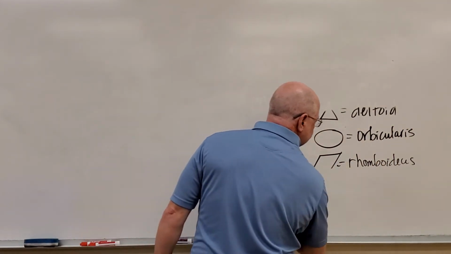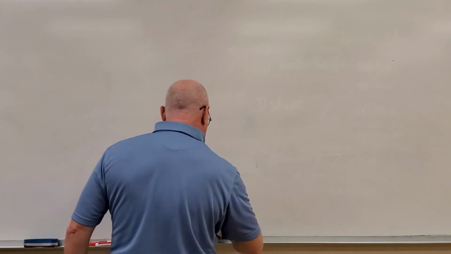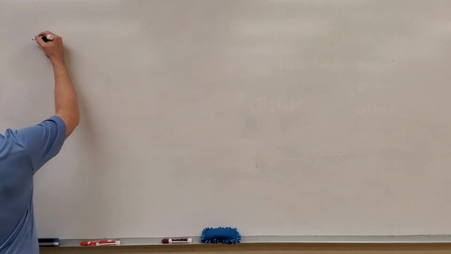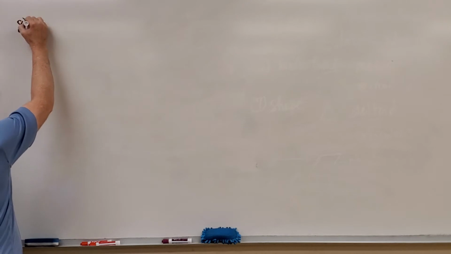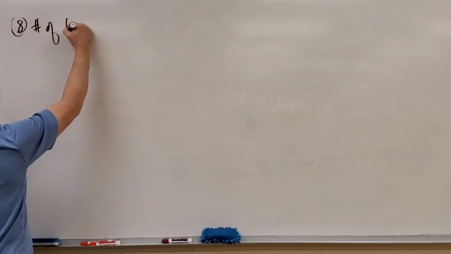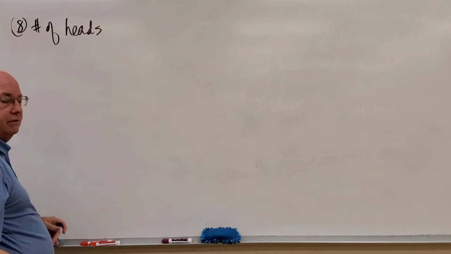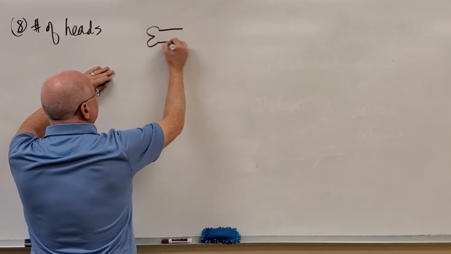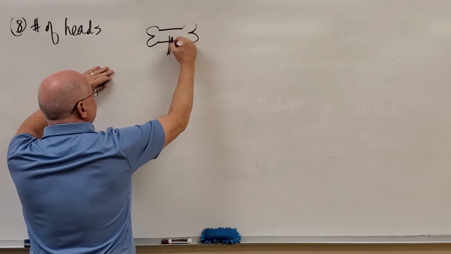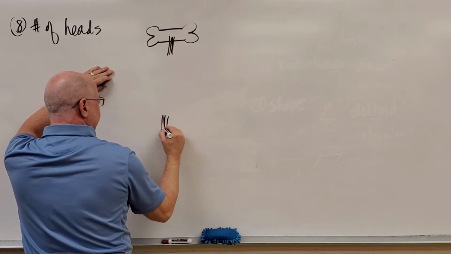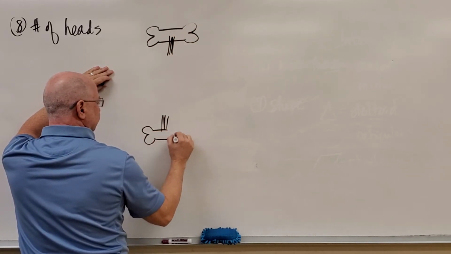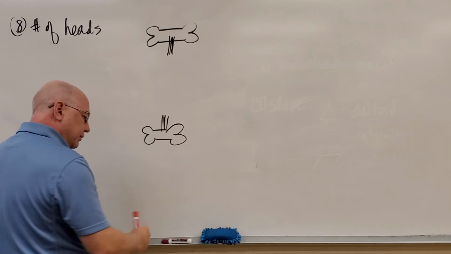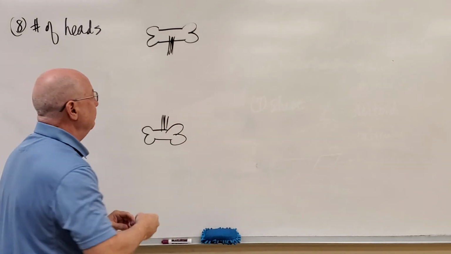Another way that muscles were named is based on the number of heads. What does that mean? Well, again, if I have a bony structure that a muscle originates on, and I have a bony structure that the muscle inserts upon, most muscles are somewhat tubular in shape.